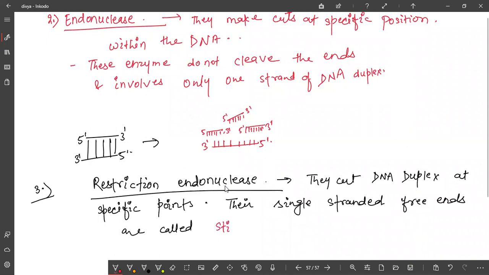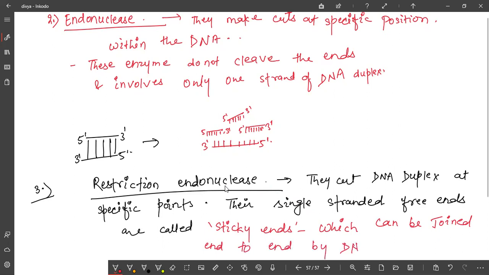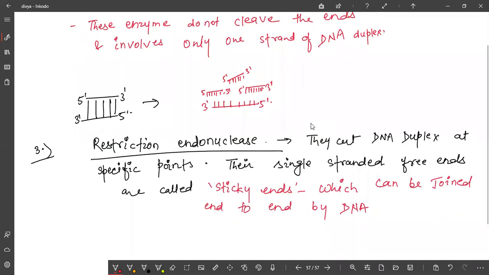I will explain this term, sticky end, which can be joined end to end by which enzyme is used to join the DNA? I have told you in earlier classes. Which ligase? Yes, DNA ligase.